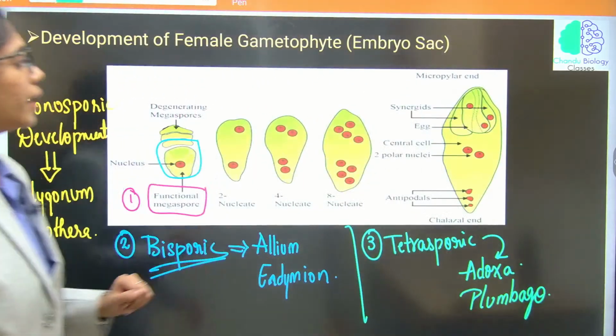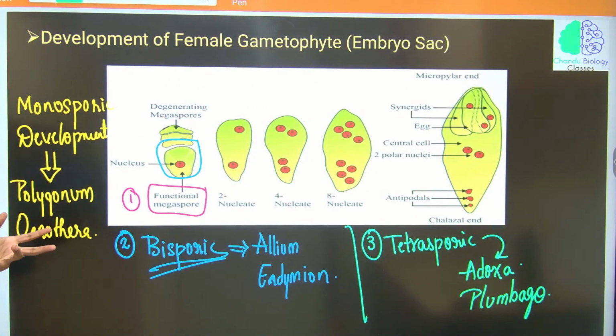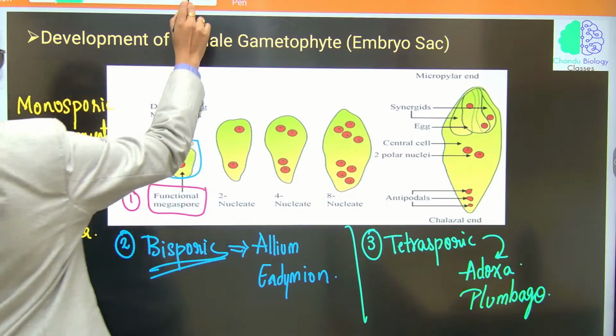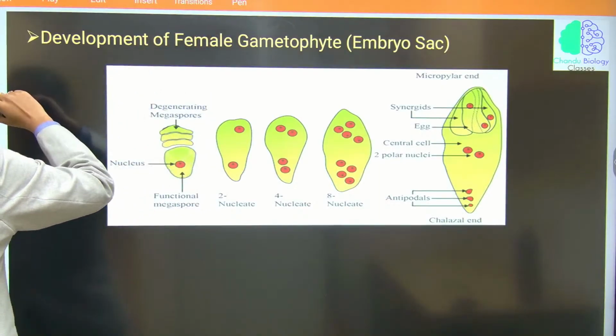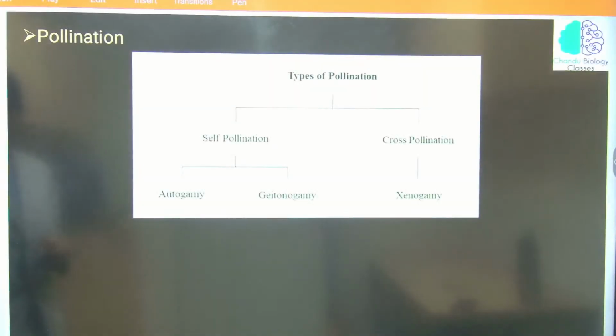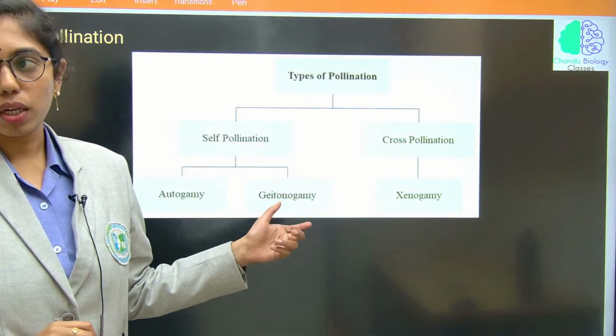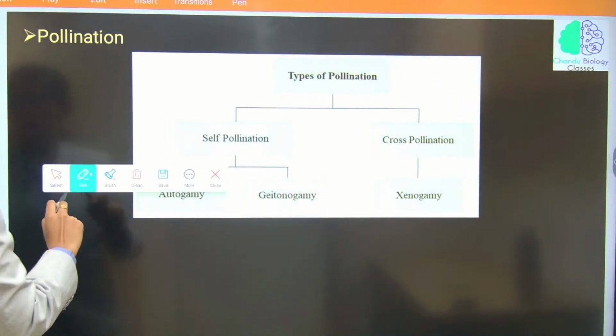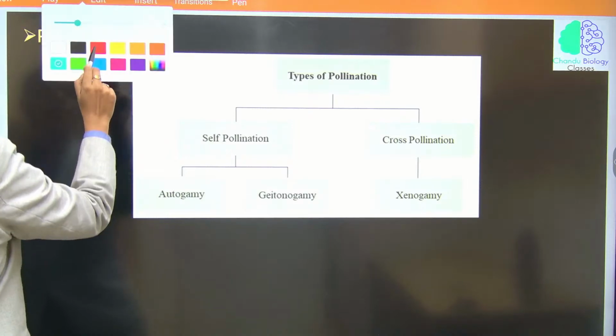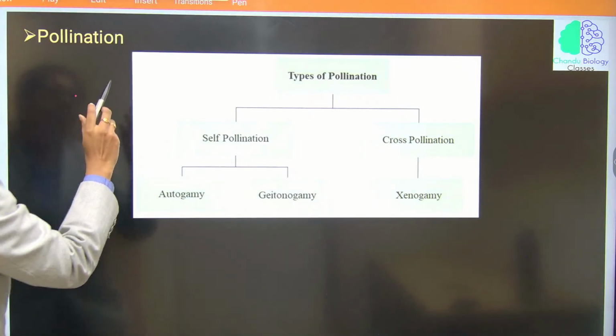Clear up to here? Any doubts anywhere? Fine, right? And then, as we have discussed, here we have two types of pollination.